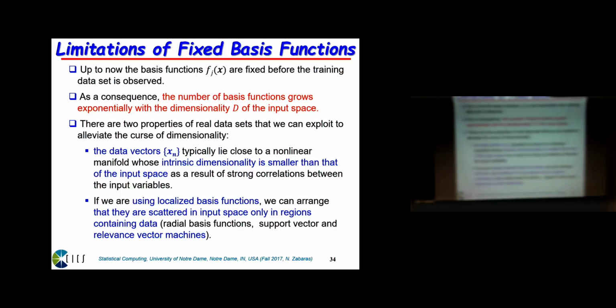For example, we say we're going to use these basis functions for our regression function, and we do this before we have even seen any training data. So it's like you decide what model to use without knowing what model the data may ask for. The other problem is, if you try to extend these methods to very high dimensional problems, you won't be able to do it. If you try this in 100 dimensions, it will be an issue.